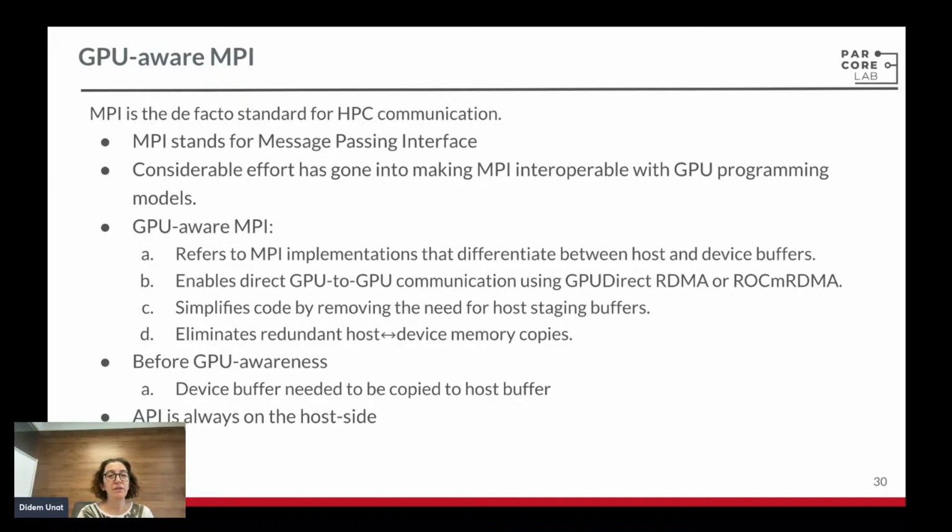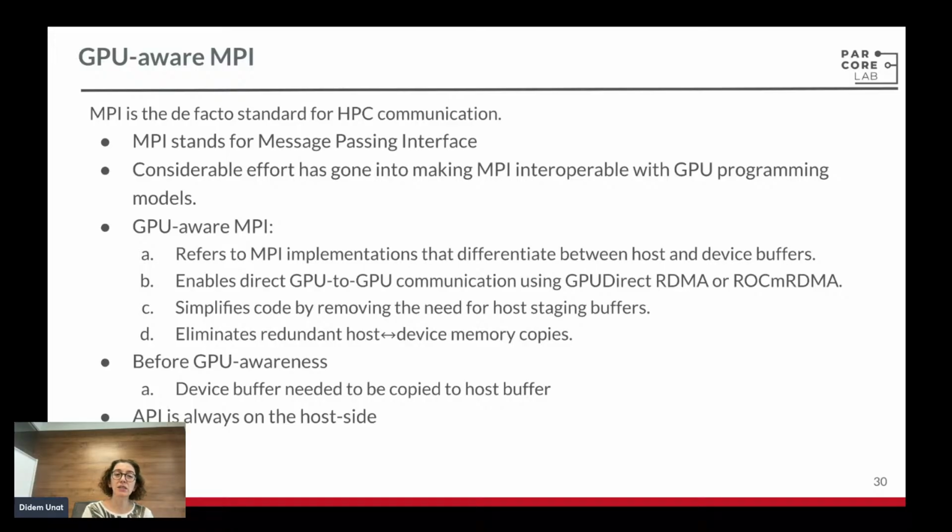So what does GPU-aware MPI mean? It refers to an MPI implementation that can differentiate host and device buffers. What does this mean? If you have a send or receive operation, it will look at the buffer and say, oh, this is a host buffer or this is a device buffer, so we'll do the transfer accordingly. It uses GPUDirect RDMA and ROCm RDMA.